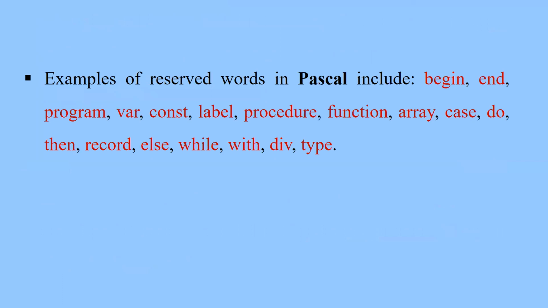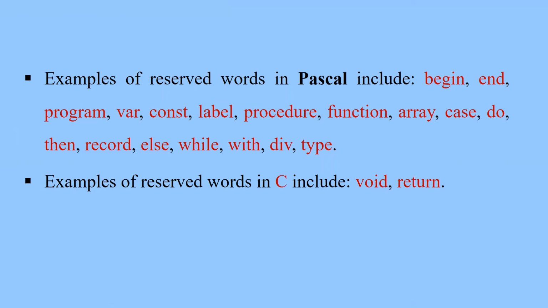Examples of reserved words in Pascal include begin, end, program, var, const, label, procedure, function, array, case, do, then, record, else, while, with, div, type. Examples of reserved words in C include void, return.